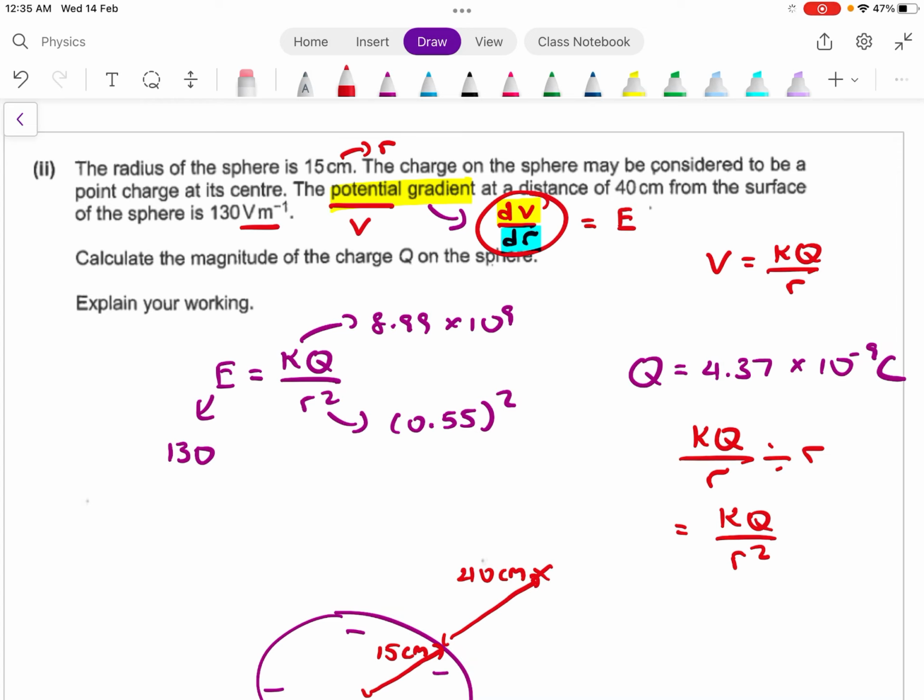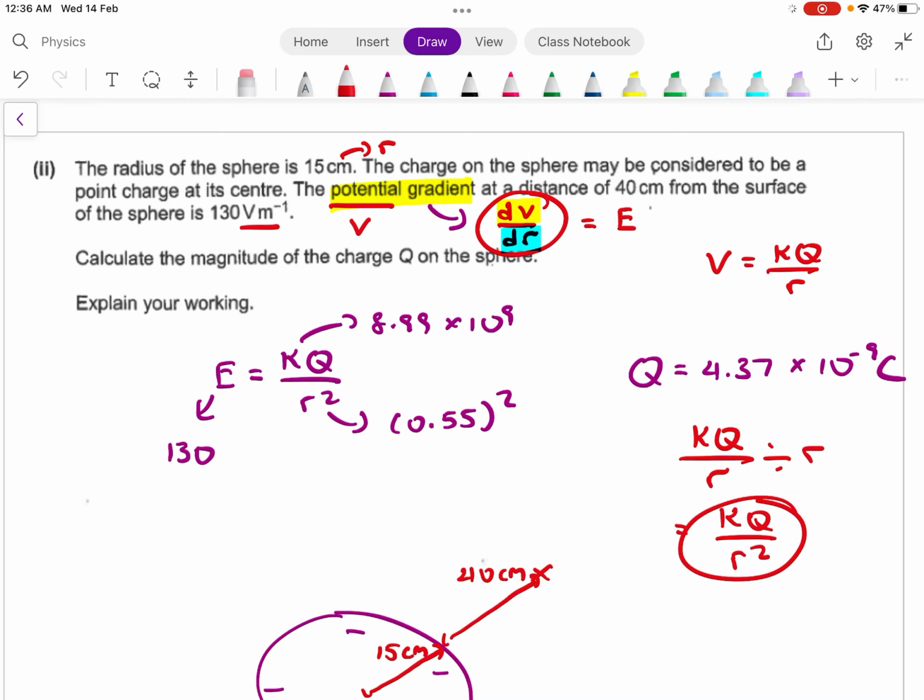And kQ over R square is as good as saying electric field strength. So you can look at the potential gradient, or you can look at the units by itself to see the meaning of potential gradient.